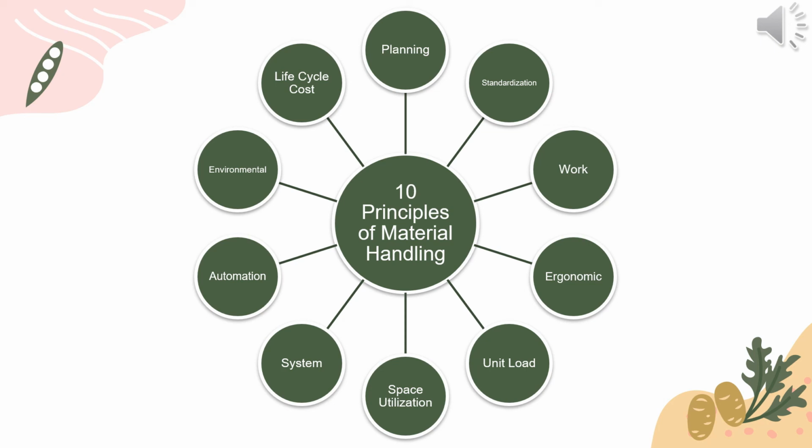There are 10 material handling principles recognized by the College Industry Council on Material Handling Education, which are: firstly, planning principle; second, standardization principle; third, work principle; fourth, ergonomic principle; fifth, unit load principle; sixth, space utilization; seventh, system principle; then automation principle, environmental principle, and the last one is life cycle cost principle.